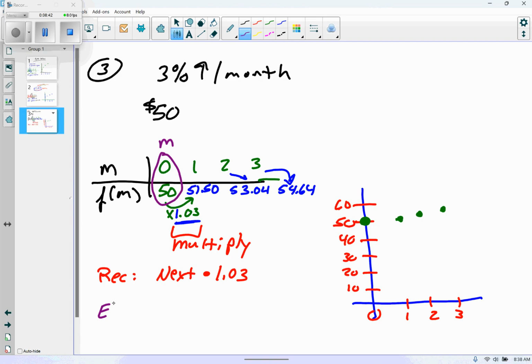So my explicit is going to be, remember this, we have F at M is equal to 50 times our growth factor, 1.03, and we're going to raise that to the M power. Okay, so this is geometric growth because we were doing a multiplication, not an addition.